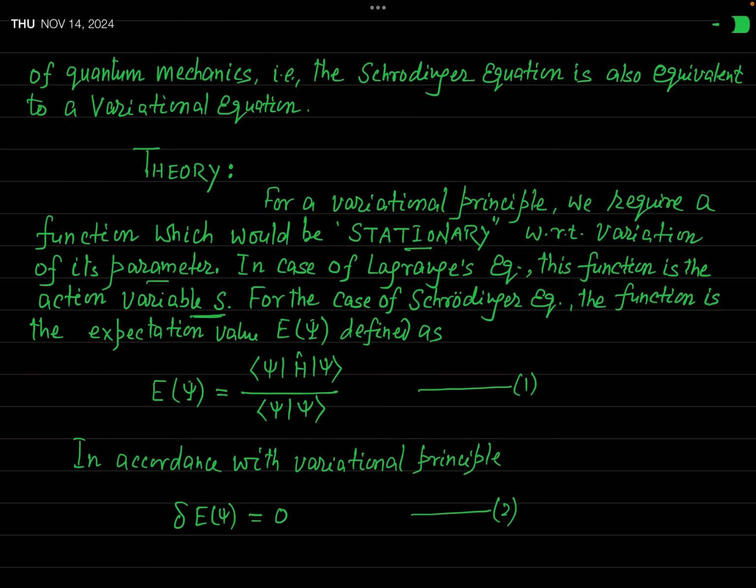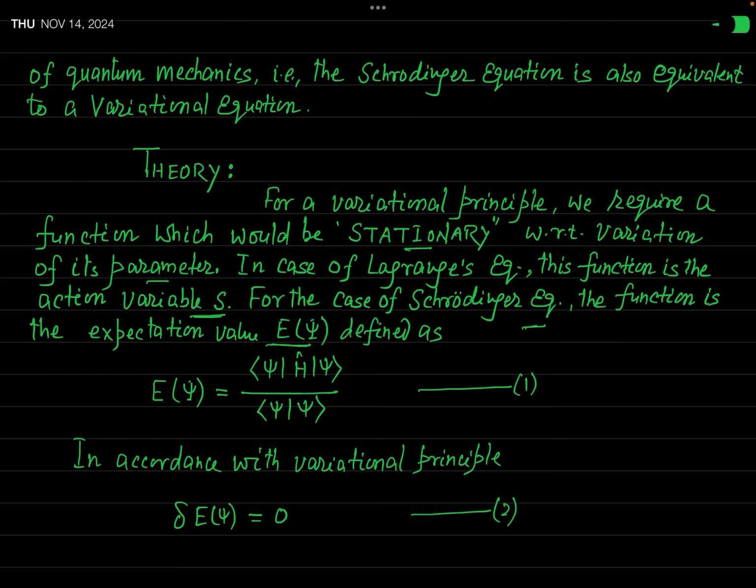If you are talking about a problem of quantum mechanics, definitely you have to see the case of the Schrodinger equation. And for the Schrodinger equation, the function which will be taken into account is the expectation value of energy, which is E of psi.